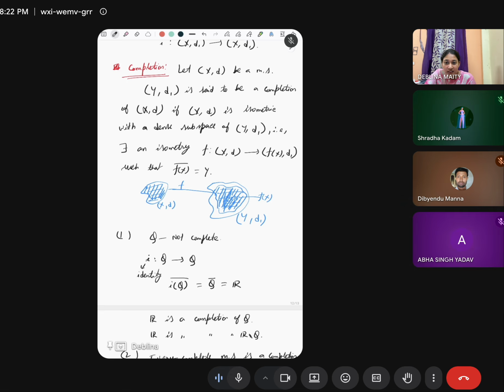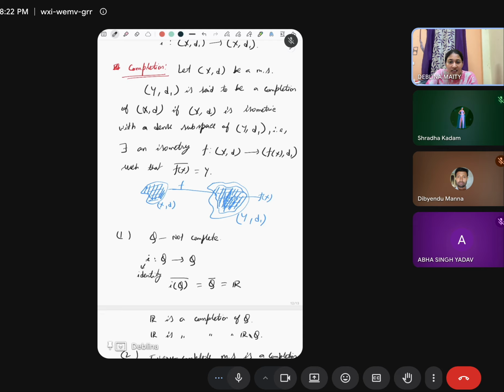So Q is isometric with Q. Here, by identity, I am showing that Q is isometric with Q, and Q is dense in R. The identity is an isometry and the dense subspace is Q. Q is dense in R. So the completion of Q is R. Completion is the whole space.